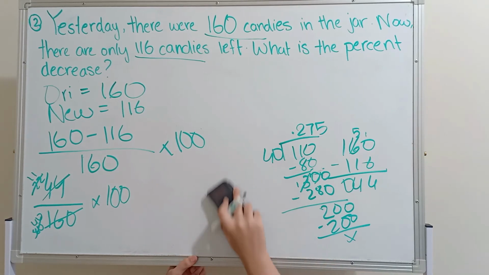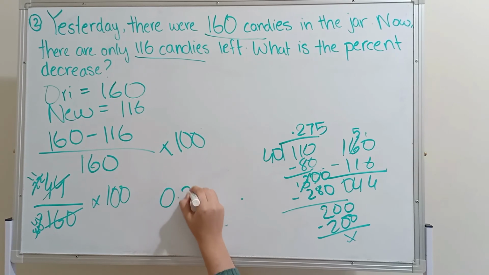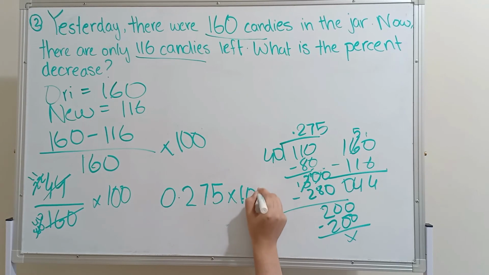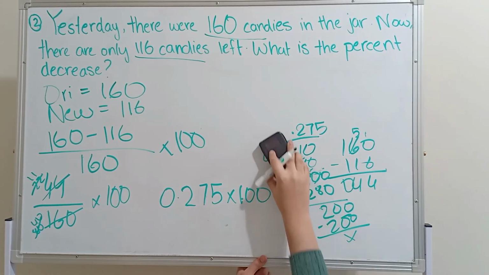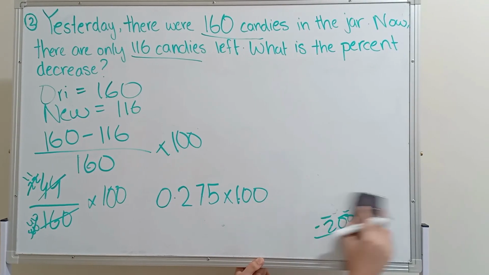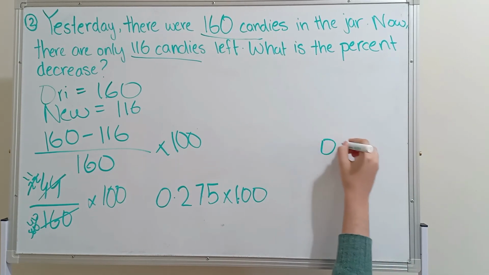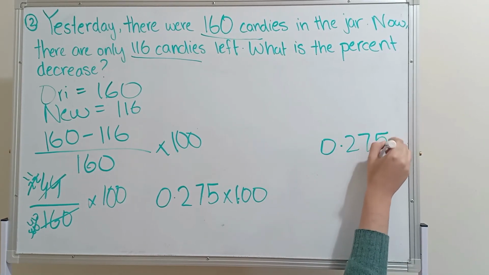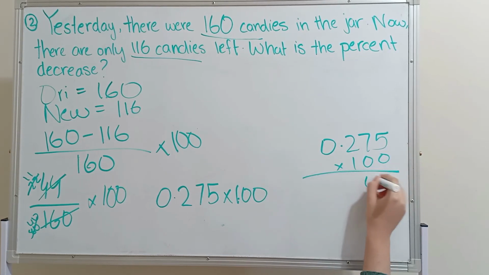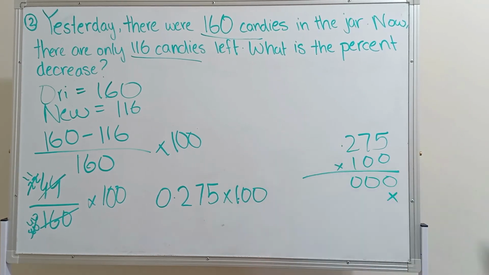So now we have our answer in decimal form, 0.275, and we are now going to multiply it by 100 so that we have the percent decrease. We not only know what the decrease is, but we have to find the percent decrease, so we're going to multiply it by 100. So 0.275 multiplied by 100, so it is going to be 0, 0, and we can quickly just eliminate this.